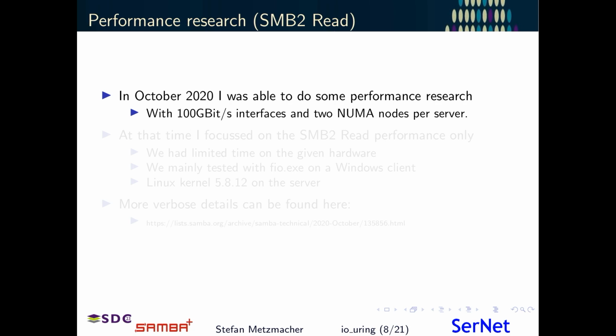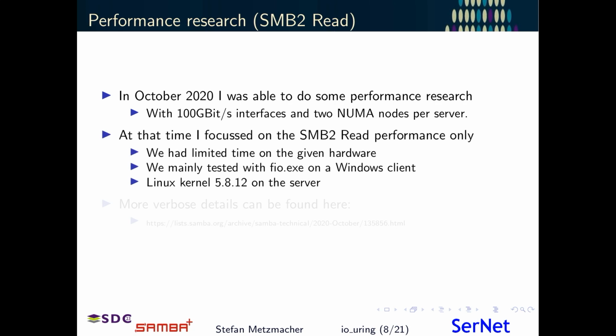Yeah, in October 2020, I was able to do some experiments with a powerful server that had 100 gigabit interfaces and numerous nodes per server. And with that, I was able to explore how we could more or less accelerate the network link.